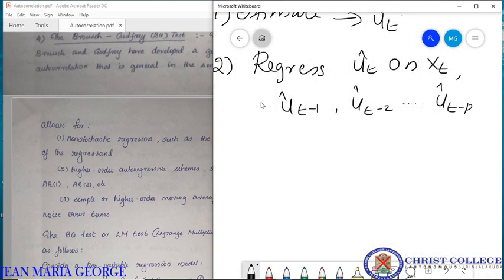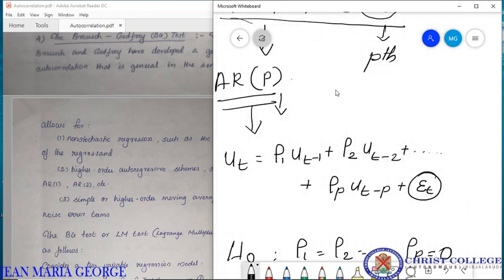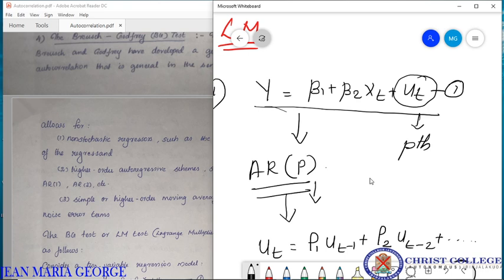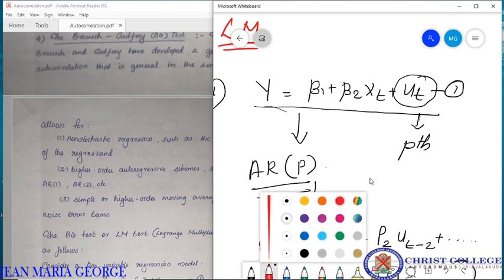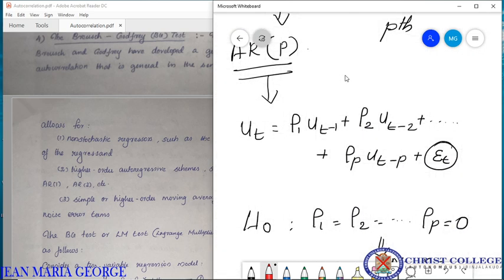Regress u hat t on all explanatory variables, in both the two variable linear regression as well as the autoregressive model. So regress u hat t on xt, and again regress u hat t on u hat t minus 1, u hat t minus 2, up to u hat t minus p.